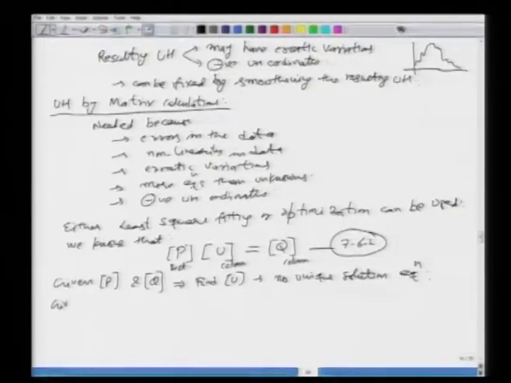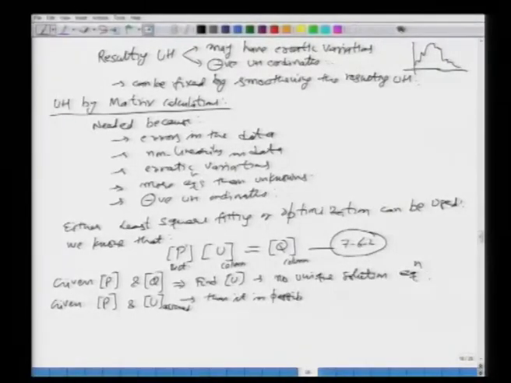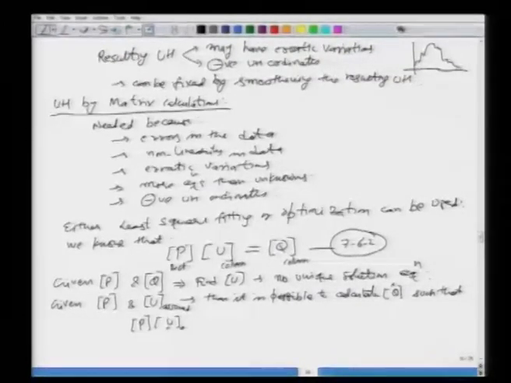However, what we do is, given P and some assumed or initial value of U, which was one of the second methods we just looked at, it is possible to calculate Q hat, or the estimated value of the DRH ordinates, such that your P matrix times your assumed U matrix is equal to Q hat.